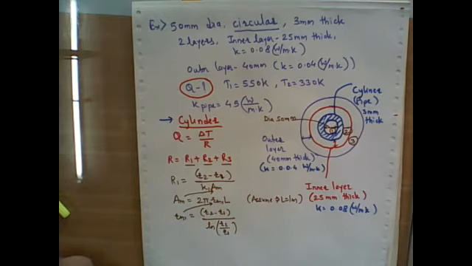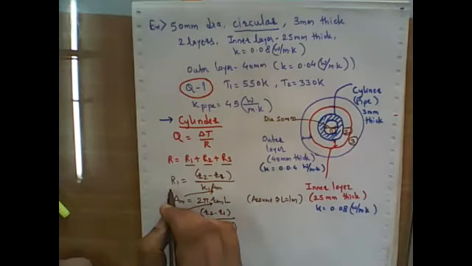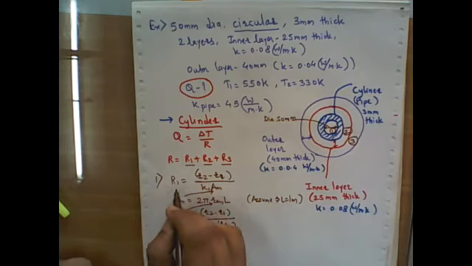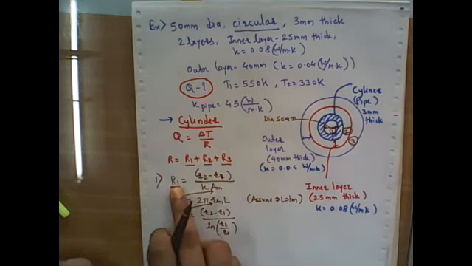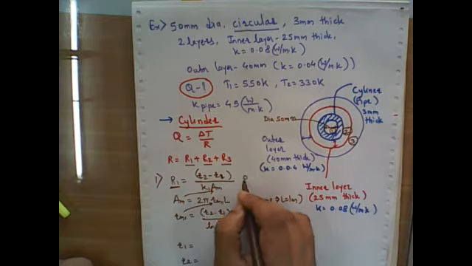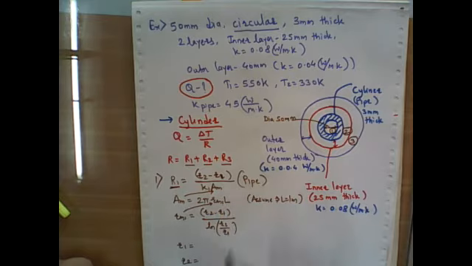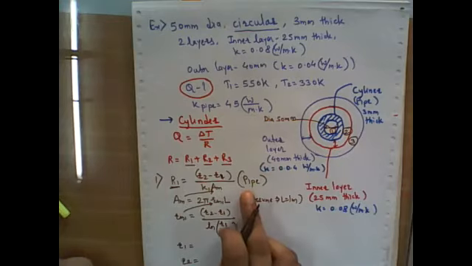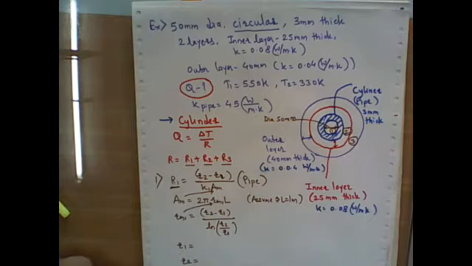So the first step or objective should be to find out what is R1 and what is R2 for the thermal resistance of the pipe, so it is the resistance of the pipe only. The second case is for the inner layer, third case is for the outer layer. But for the pipe resistances, thermal resistances, we have to calculate R1 and R2 first.